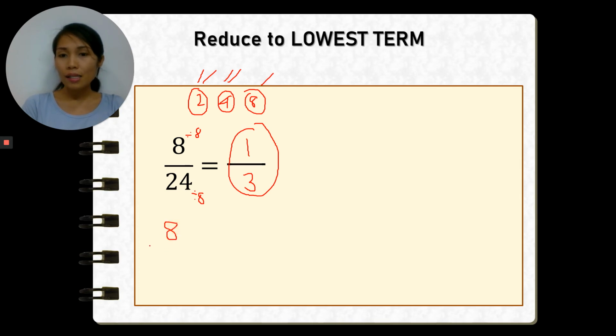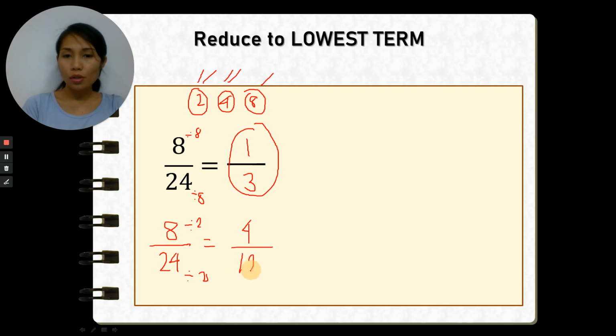Okay, 8 over 24. Now let's try 2. 8 divided by 2 is 4. Now 24 divided by 2 is 12.